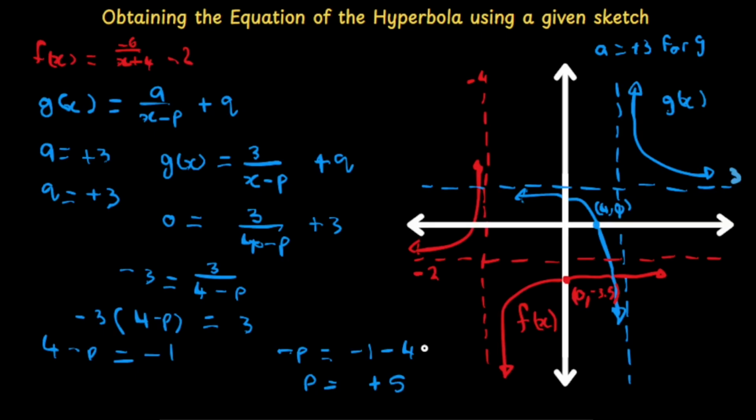I can now substitute in the values of each variable into my formula, and I would obtain the equation for g. So simply put, g of x is equal to 3 over x minus 5 plus 3.